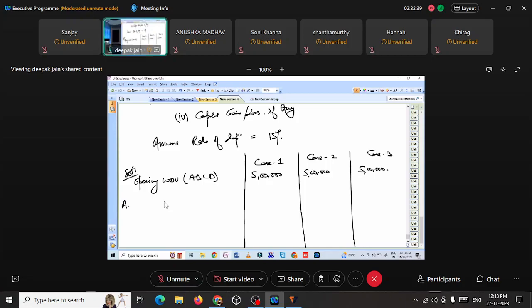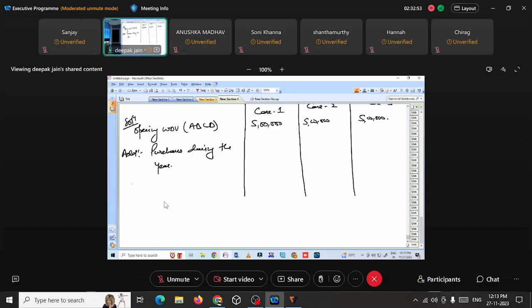Add purchases during the year. How much? I think we have three assets, na? Yes, E, F and G. G is old. E कितने की है बेटा? How much is the price of E? 80,000. F, 1 lakh.